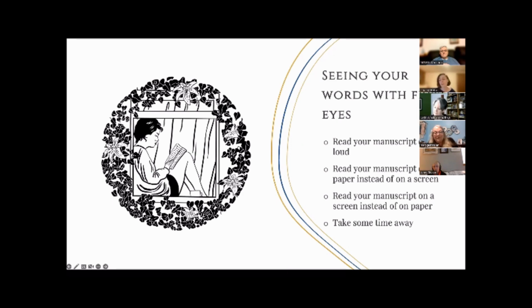Being able to see your words with fresh eyes is not only an issue for people self-editing, it's an issue for editors in general, which is why a lot of times I won't work on, for example, proofreading a manuscript that I have line edited, because I know that it's going to be better for the author to get someone different to look at the proofread or the copy edit stage, because that person might catch things that I missed. But having said that, if you're doing it yourself, here are some things you can try other than taking some time away.